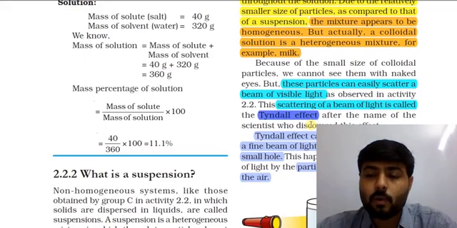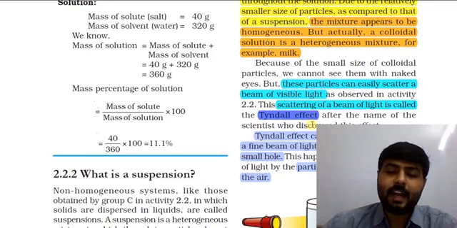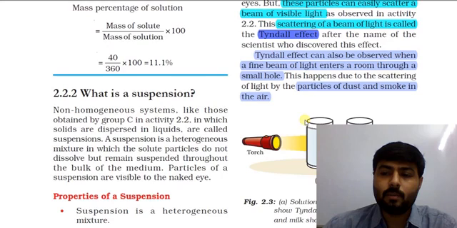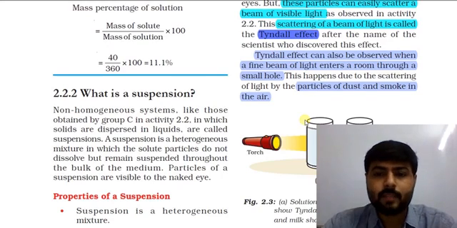Tyndall effect can also be observed when a fine beam of light enters a room through a small hole.